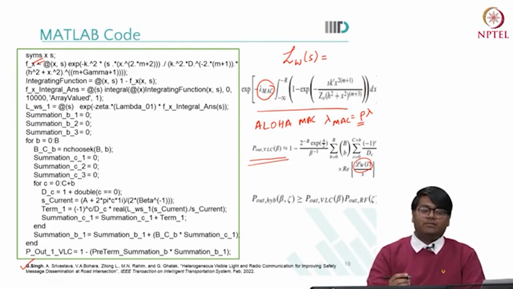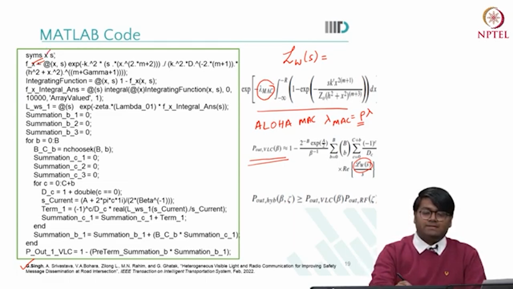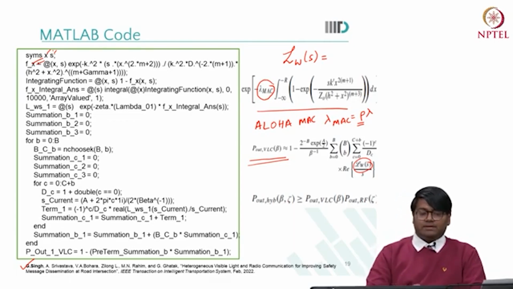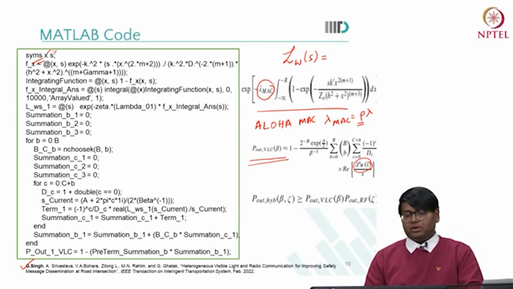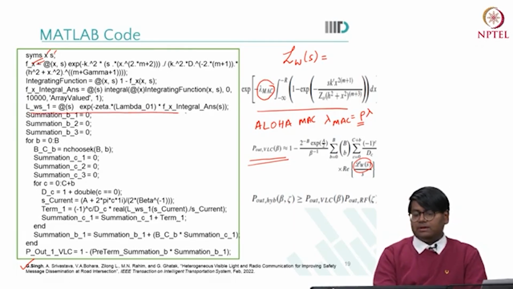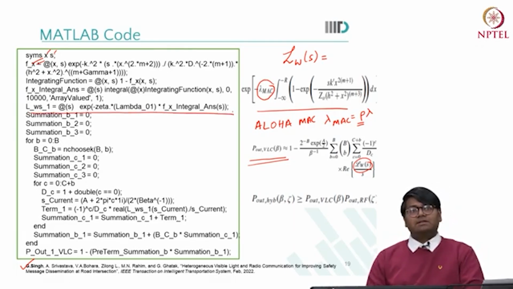Here my symbolic variables are x and s. We can implement this equation numerically in MATLAB using the syms function. Finally, we have the equation which gives the Laplace transform of the random variable W.